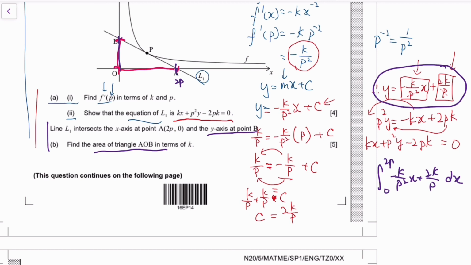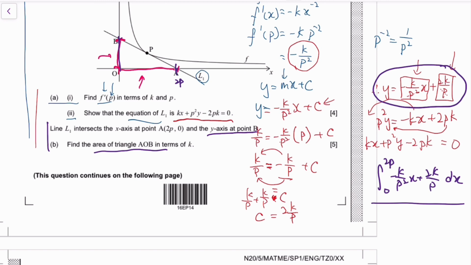Okay. Technically that is doable. That would work. But I think that's a bit too difficult. So I personally would recommend just doing base times height divided by 2 whenever it is just a triangle.